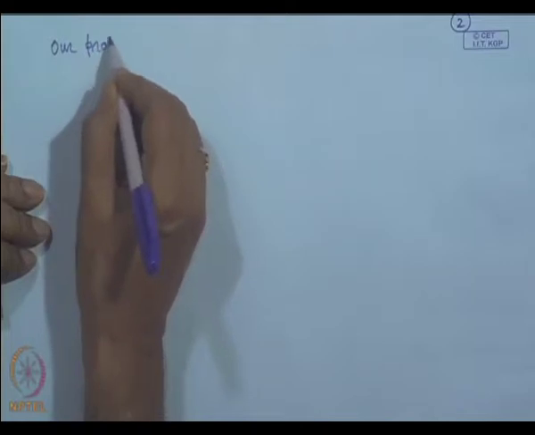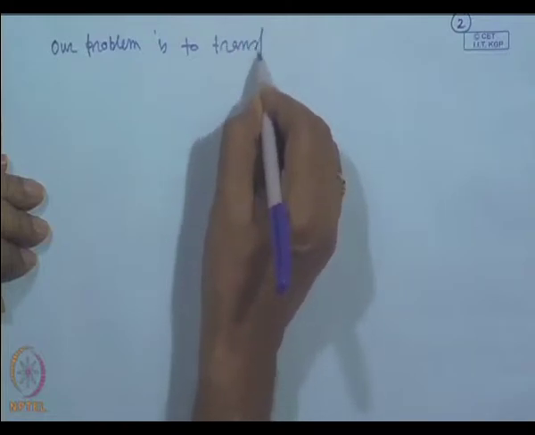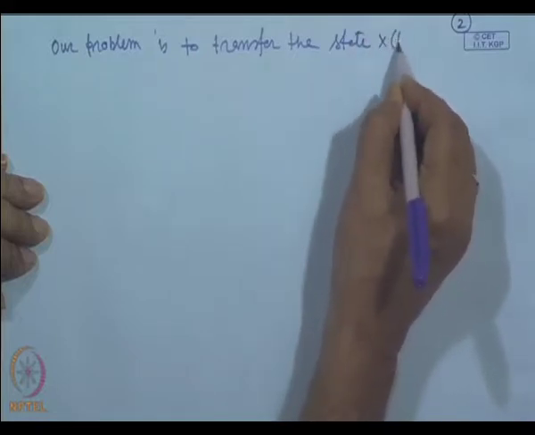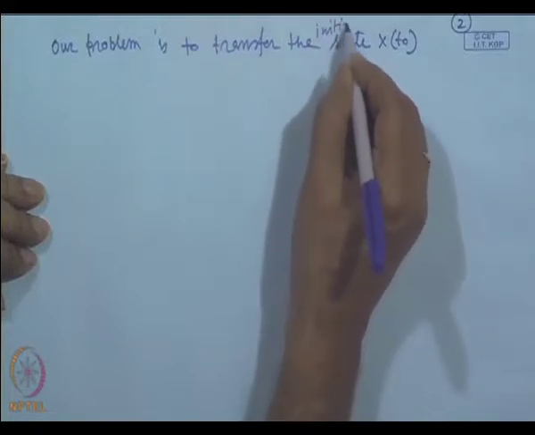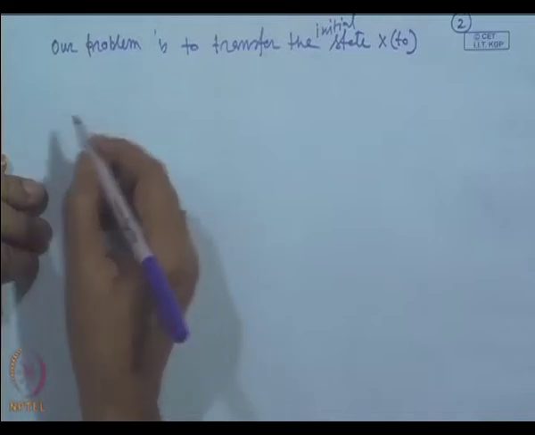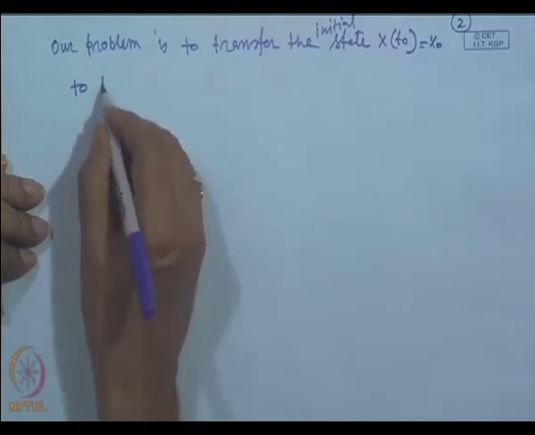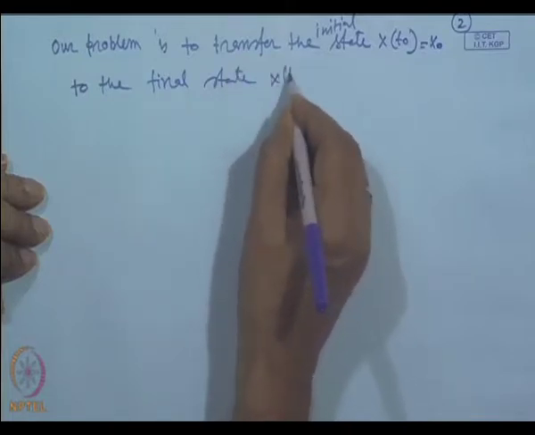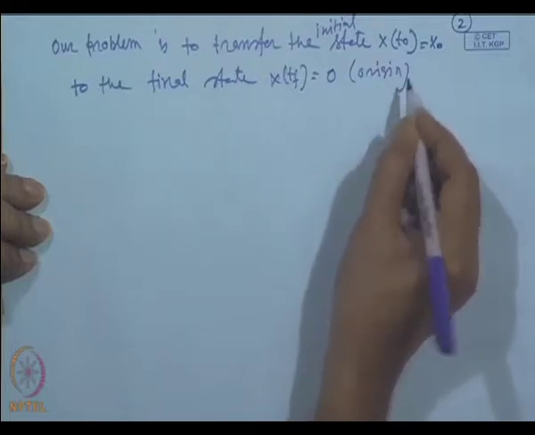So, our basic problem is to transfer the state, the initial state x of 0, to the final state x of Tf equal to 0, meaning the origin, in minimum time.